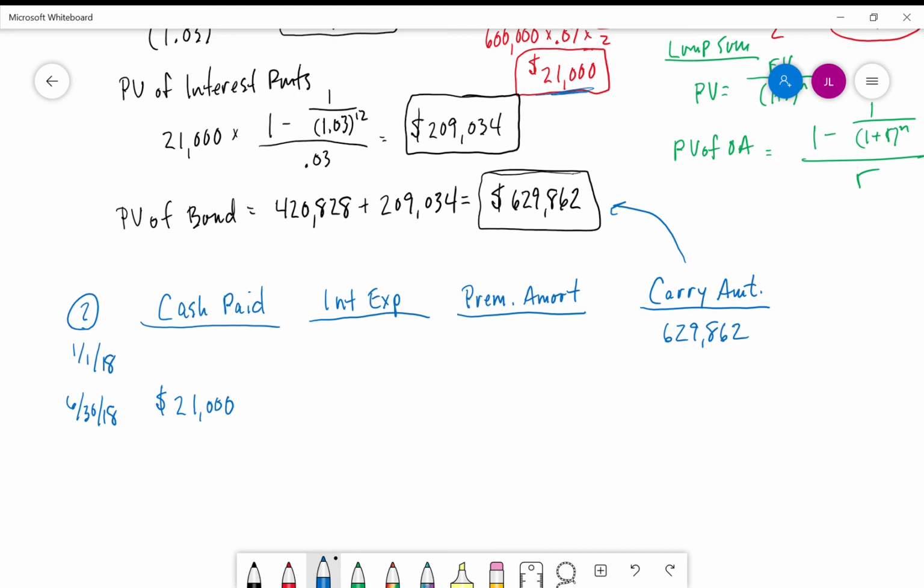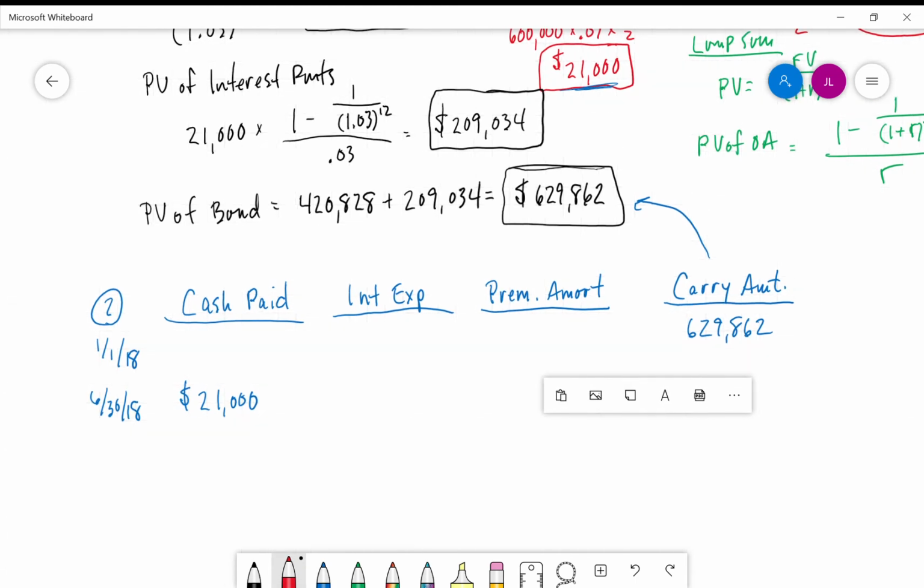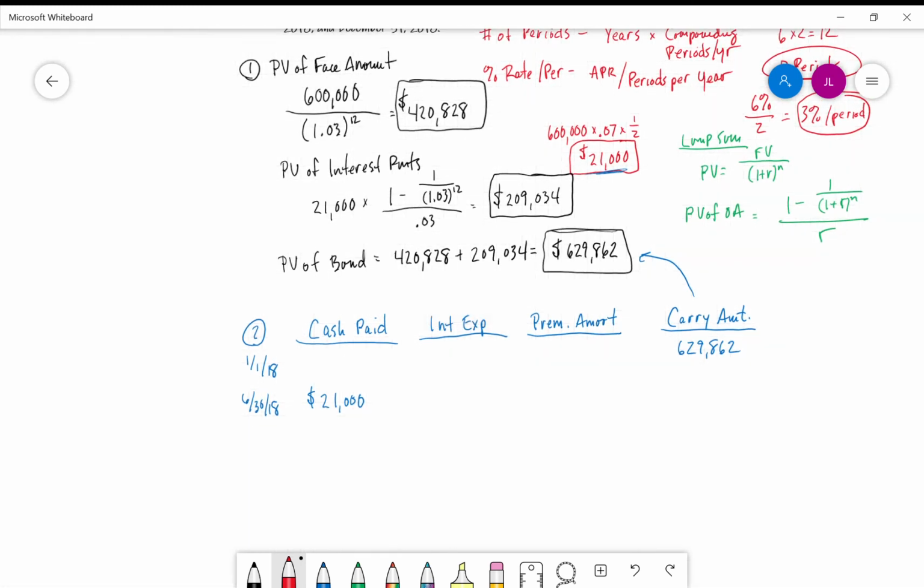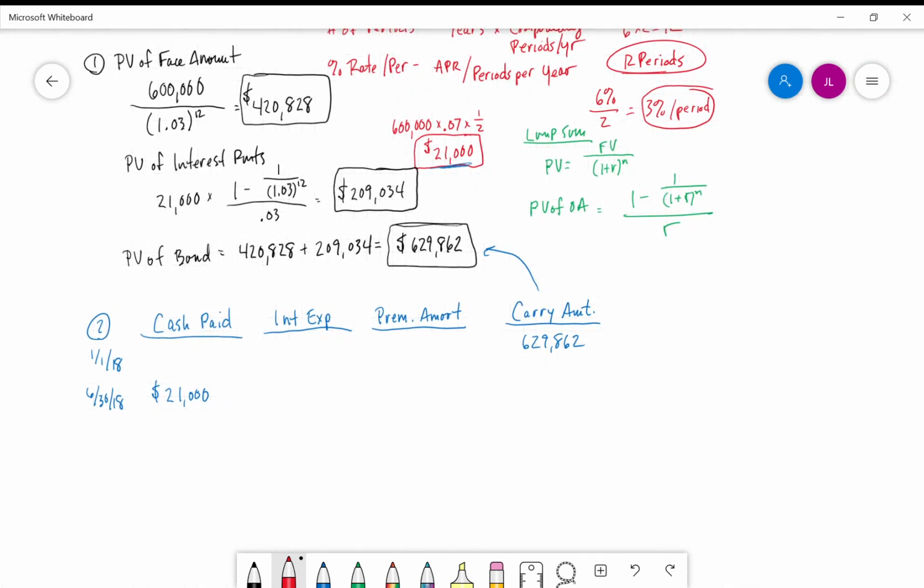The interest expense we have, well, we have to calculate the interest expense here. And we use the carrying amount to do that. I'm going to make this a little smaller, and over here we'll put the interest expense. Okay, so interest expense that we have is equal to the carrying amount multiplied by the market rate.